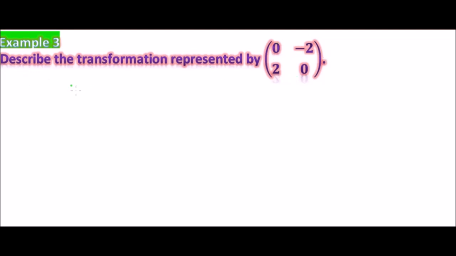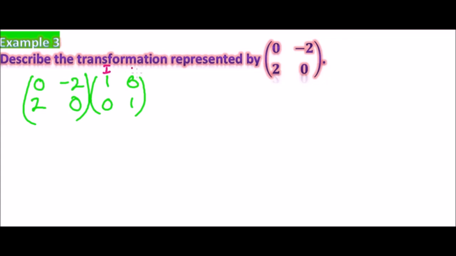So we multiply our unit square with this matrix. This means we have 0, minus 2, 2, 0, and our unit square, 1, 0, 0, 1. Remember, this is our i and this is our j.